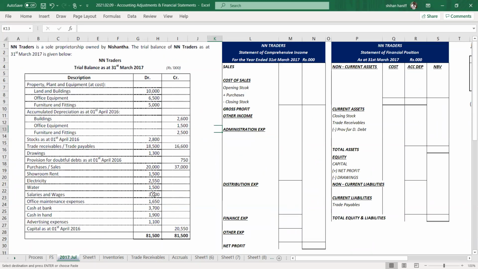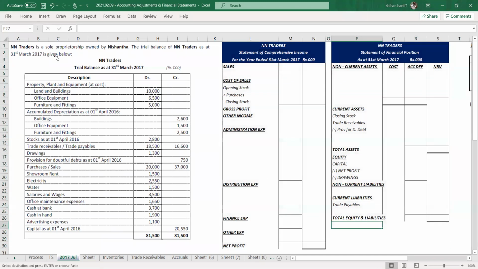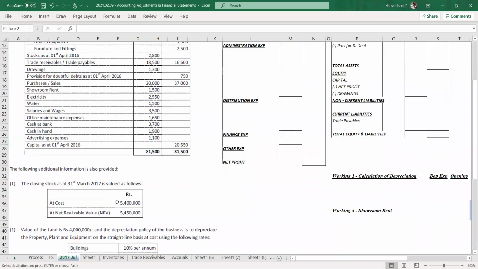So first we will prepare a basic income statement and a statement of financial position. Now, this is the question. I have sent this question in the WhatsApp group.